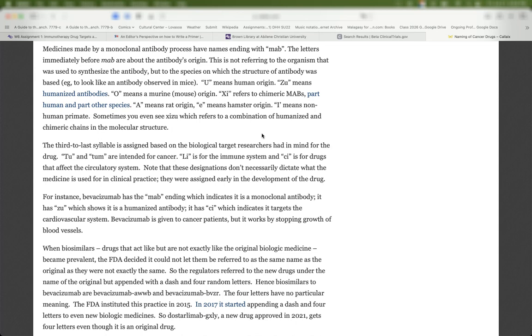But if we're looking at, as you can see explained here, this particular drug is a monoclonal antibody, and the name tells us something about the origin, that it's humanized, and that it's acting in the circulatory system, which is to say the cardiovascular system, since the CI, and then the MAB is, again, monoclonal antibody.